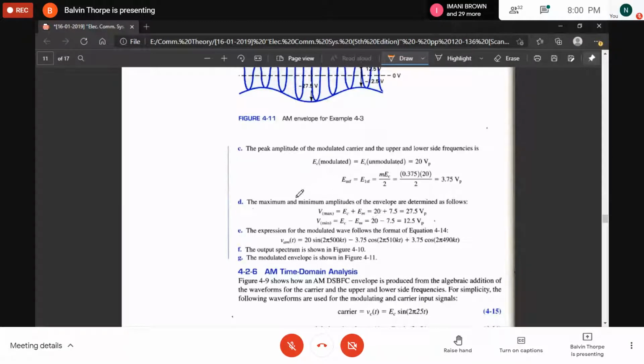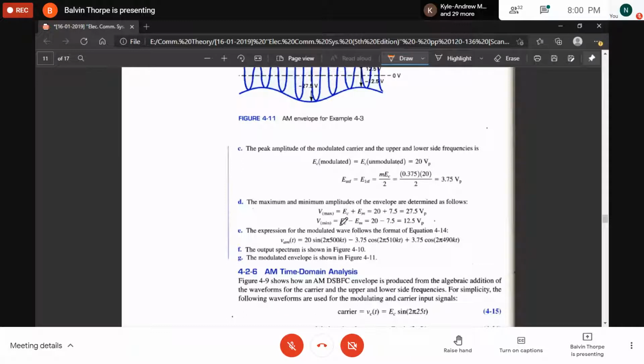The next thing was the maximum and the minimum envelope. Remember I said that the maximum positive will be EC plus EM, which is 20 plus 7.5, and you got 27.5.